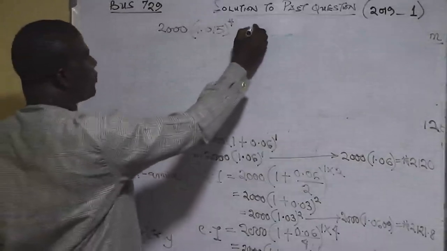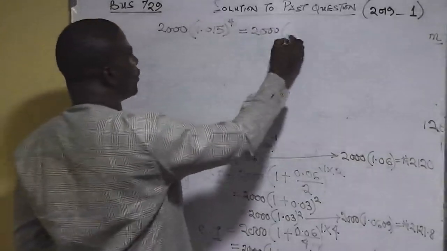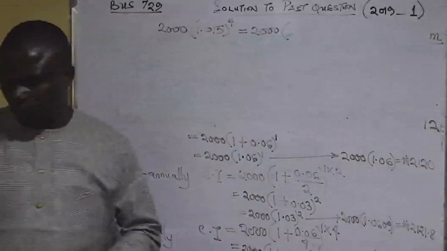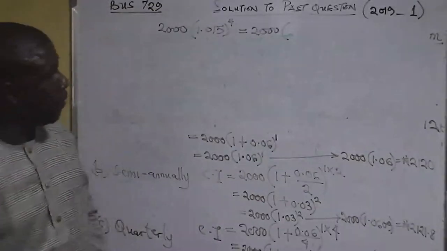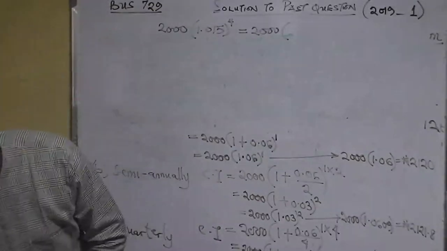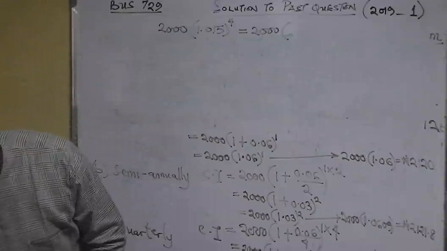Now let's do 1.015 raised to power 4 in my calculator.